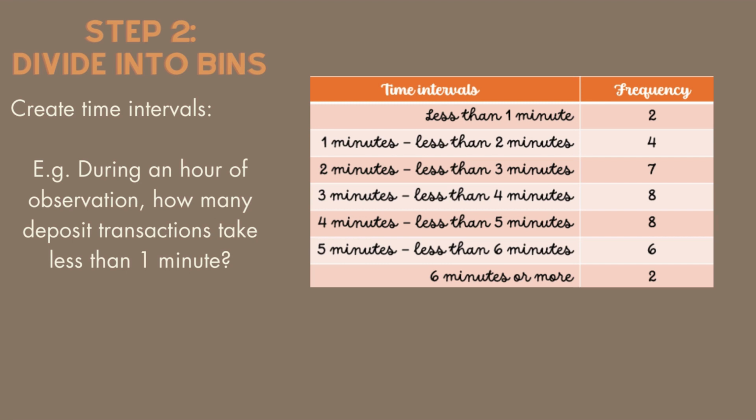In the second row, 4 transactions took between 1 minute and less than 2 minutes. In the third row, 7 transactions lasted between 2 minutes and less than 3 minutes. This categorization helps in visualizing the distribution of processing times.